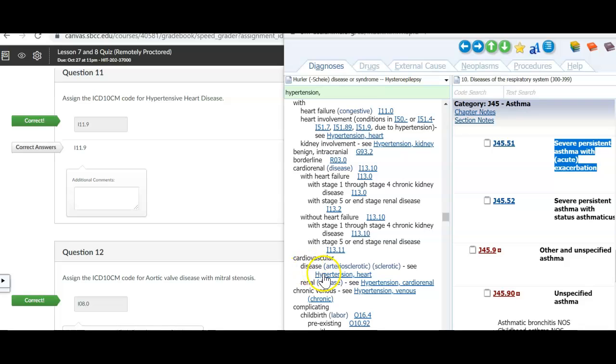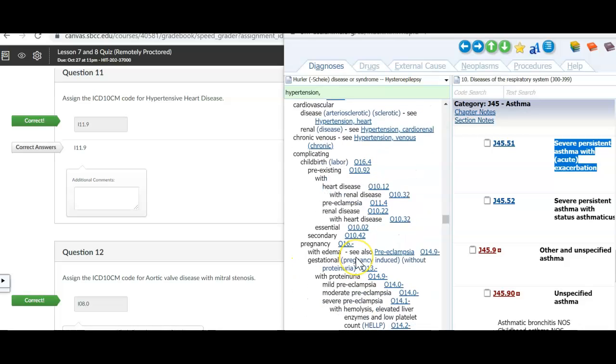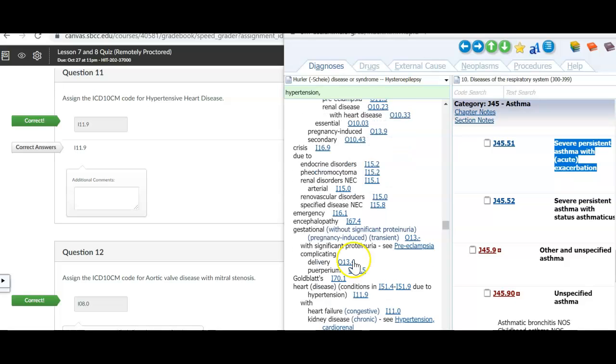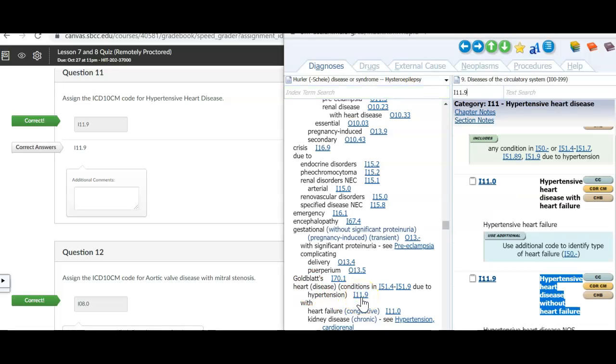So we're going to go cardiovascular. This will take you a couple of different ways. I can go down to here, right here, and go to heart. I have the I11.9. So with that, it's hypertensive heart disease without heart failure. That sums it up. Keep in mind when you have hypertension and it includes the heart, it automatically goes to hypertensive.